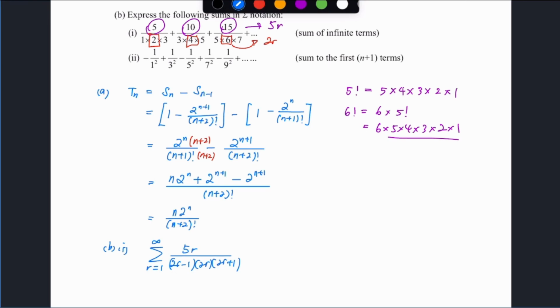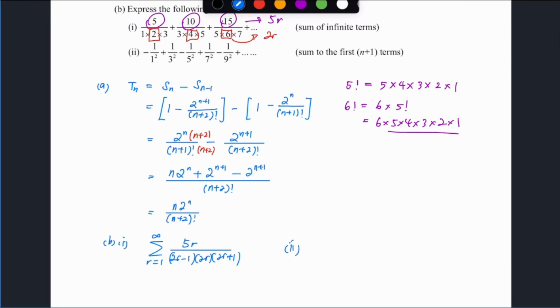Now last one for part B, part 2, from r equals 1 to the first n plus 1 terms. So this one over here, I can have 1 over 3 minus 2r.